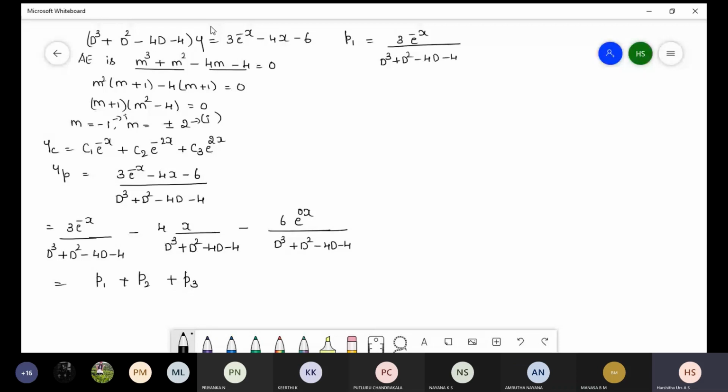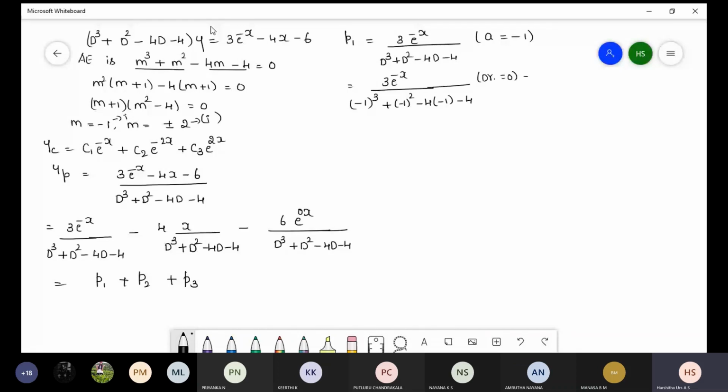Here our a value is minus 1, so we have to write minus 1 in the place of D. So 3 into e power minus x divided by minus 1 whole cube plus minus 1 whole square minus 4 into minus 1 minus 4. Here minus 1 plus 1 is 0, and plus 4 minus 4 is also 0. So the denominator is equal to 0.